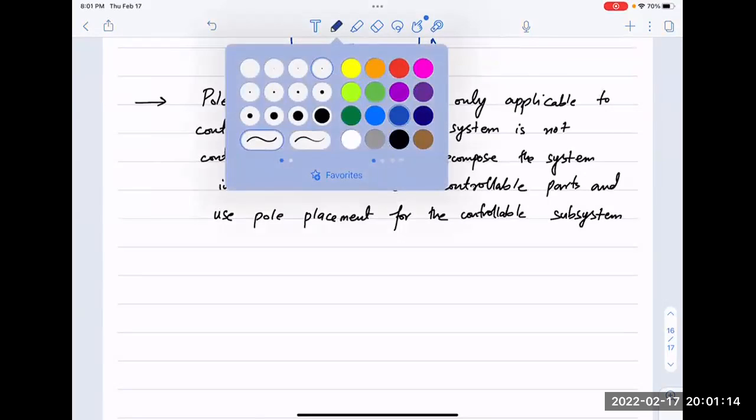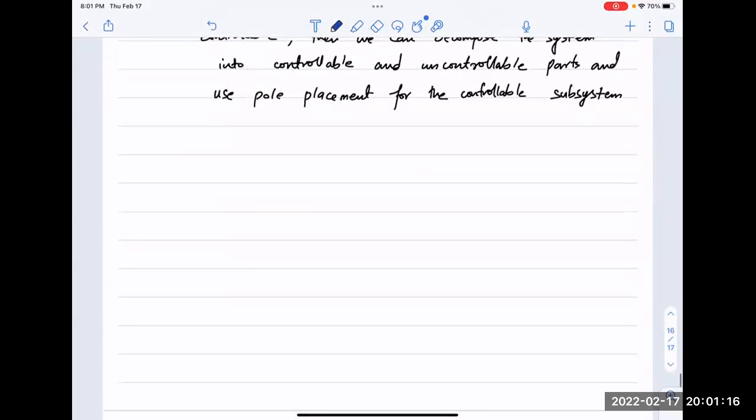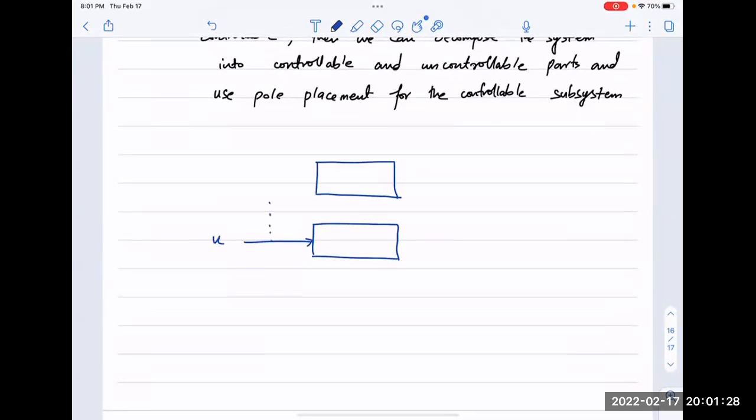Hopefully it's clear to everybody that there's a system here, then there's a system here which has the U, right? So U is here, but U does not affect this part.